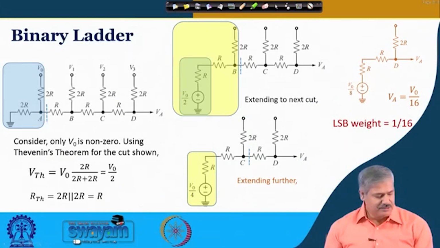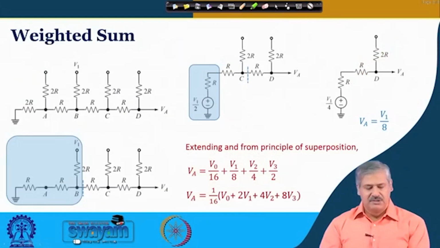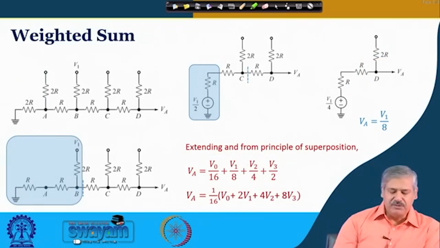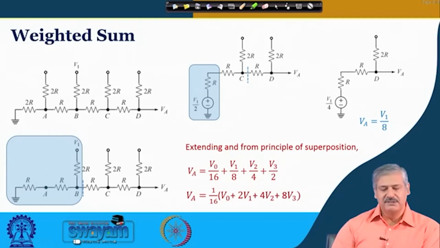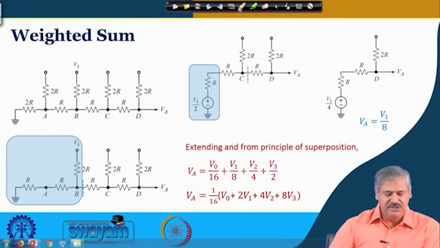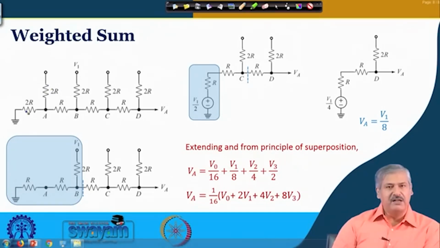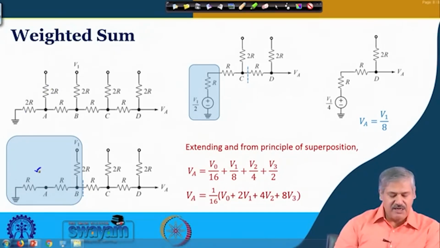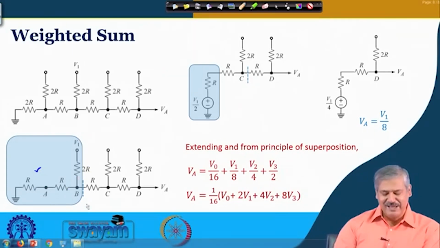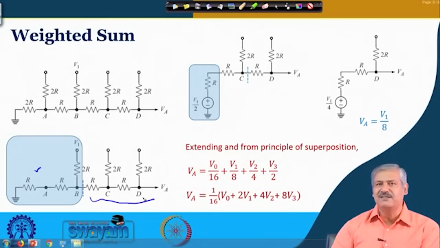Now, let us look at what happens to the situation when V1 is present and others are not present. Okay. So, this is this case. In this case this 2R and 2R are in parallel, right, and becomes R. So, this is R and R, 2R and this is 2R, and if you take a cut over here, it is similar to what we had seen before, only the number of stages to the right hand side is now one less.